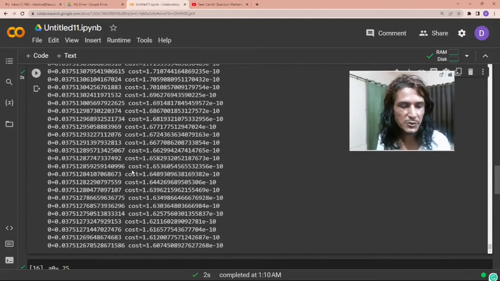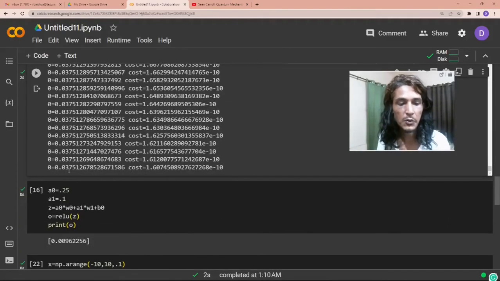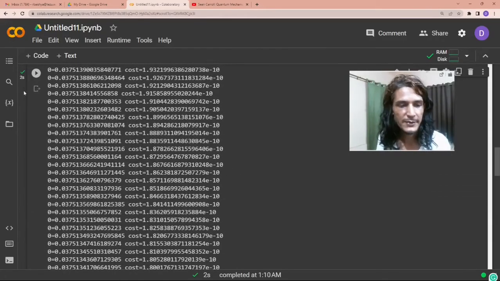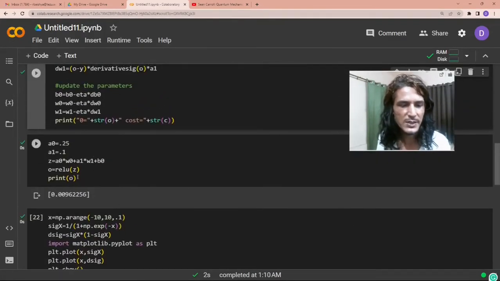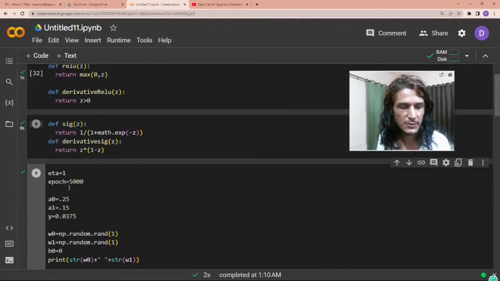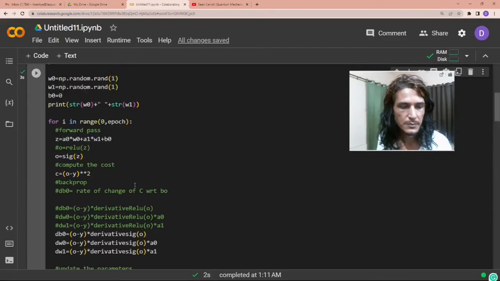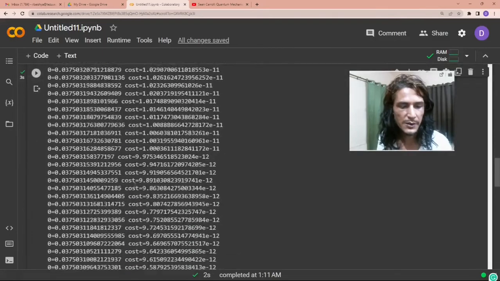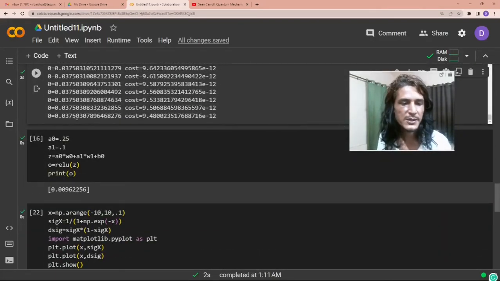Now let's jump up to 5,000, a bit more. And 0.0375, it's now close: 0.0375126. So 5,000 is okay, but with 6,000 I guess it will do the work. With 6,000 epochs and learning rate 1, it will do the job. Okay, 6,000 epochs, learning rate 1, 0.03750.